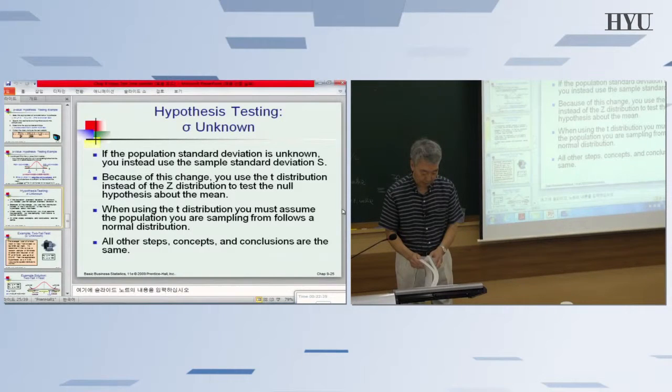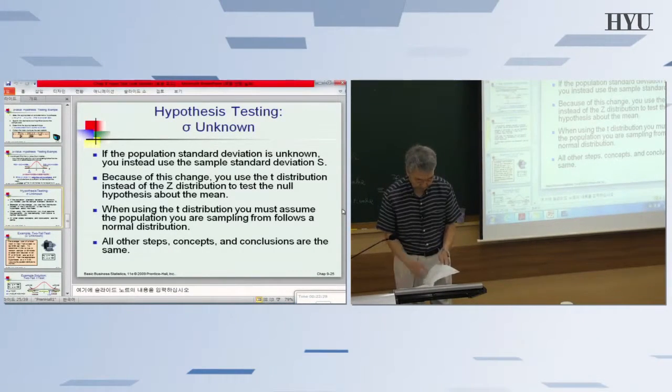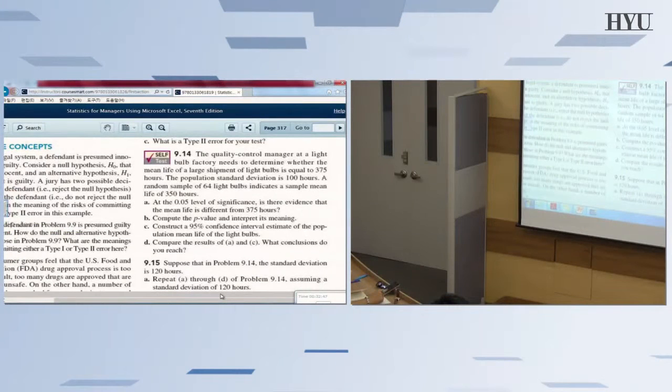Let's look at question number 9.14. Question A is basically asking for hypothesis testing, testing this claim at the 0.05 level, right? So remember, if you see this kind of question in the exam, you have to list the 6 components.